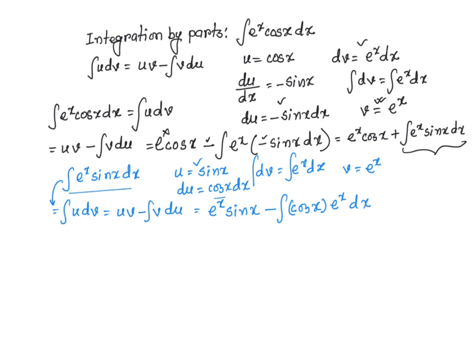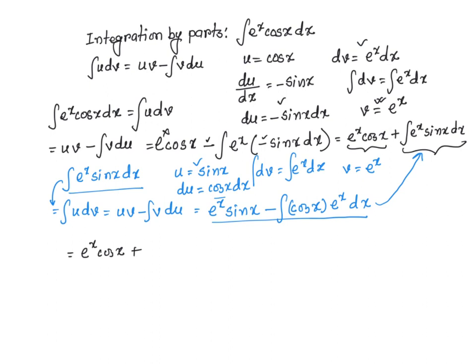Now this portion is actually equal to this. Now I'm going to substitute this value here: integral e to the power x sine of x dx. So if I do that, I get, don't forget this portion too, e to the power x cosine of x, right?